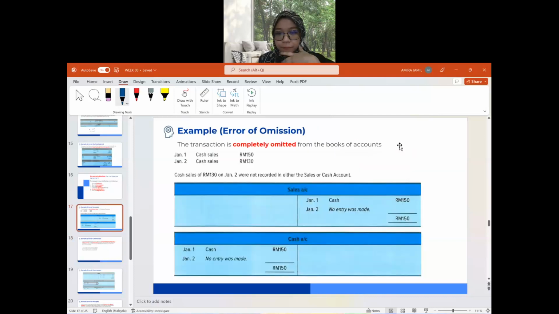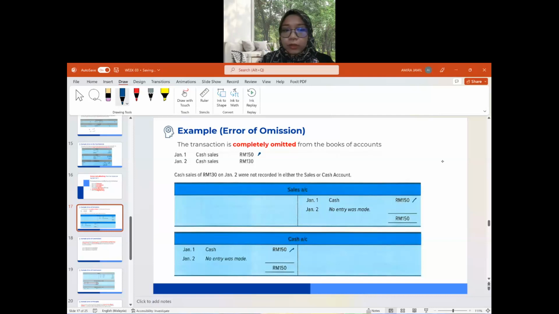For example, there is a cash sale on January 1st, recorded in the ledgers as debit cash 150 and credit sales account 150.